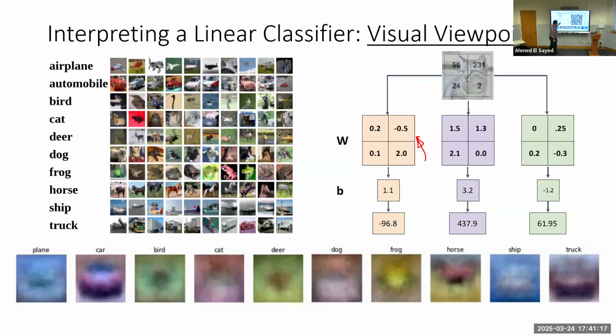Those weights, after we reshape them, we found that they look like a template for the class. So the weights for the plane class look like a plane. This looks like a car. This looks like a bird. This looks like a cat. This looks like a deer, like a dog, like a frog, like a horse, like a ship, like a truck.